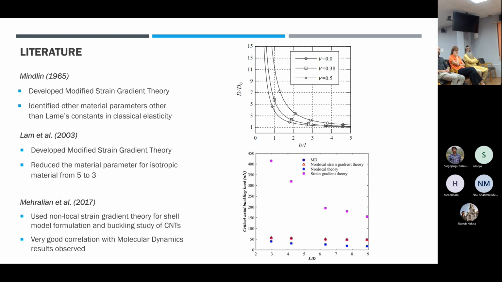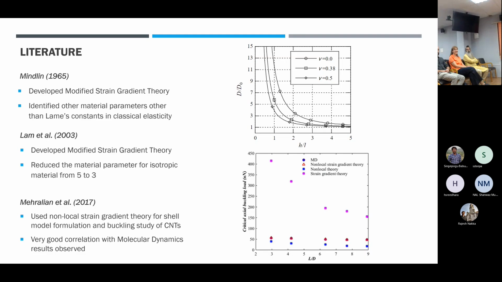Then came Lam et al., who reduced the material parameters for isotropic materials from 5 as given by Mindlin to 3. And again, using non-local strain gradient theory, we can obtain the shell model formulation for buckling study of CNTs. So this formulation, as of now, gives a very good correlation with the molecular dynamics results observed.